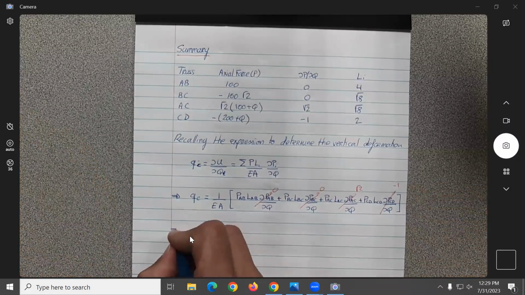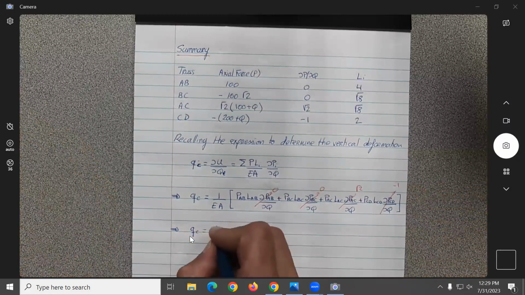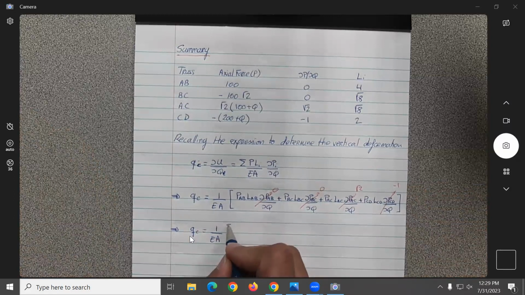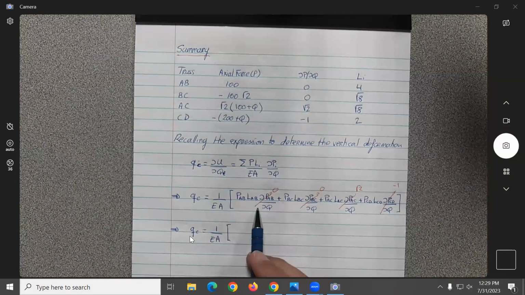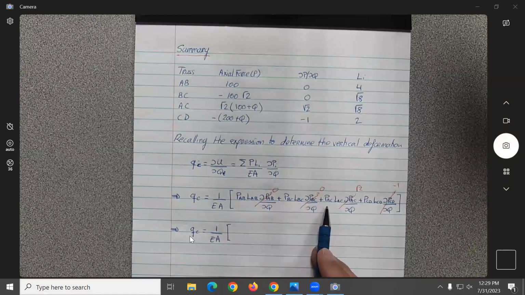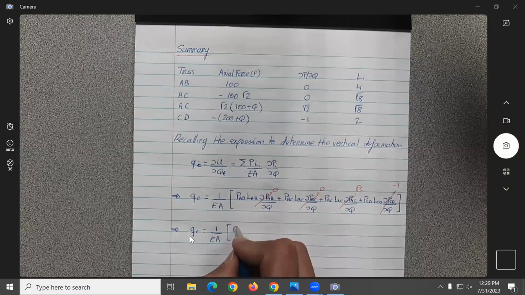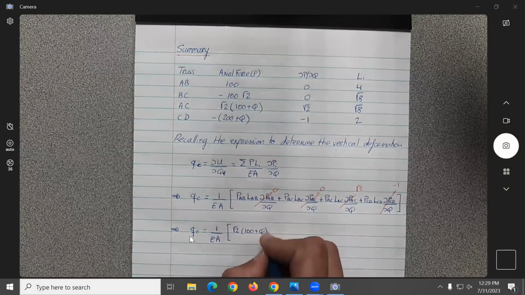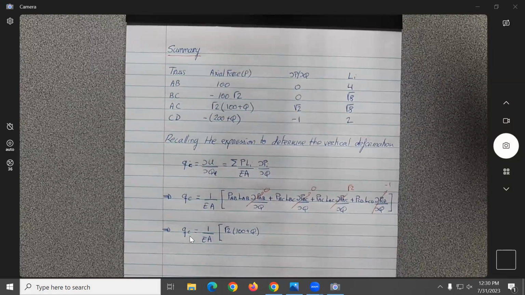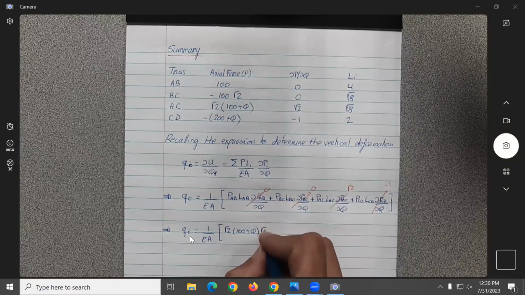We could say now that Q sub C is equal to 1 over EA of, let's see, this one is 0. We're going to keep it as 0. This one is 0. What is PAC? Square root of 2, 100 plus Q times LAC. What is LAC? Square root of 8, no?